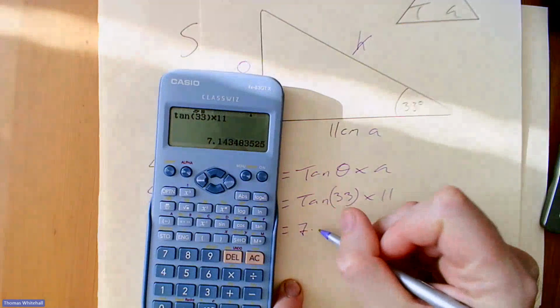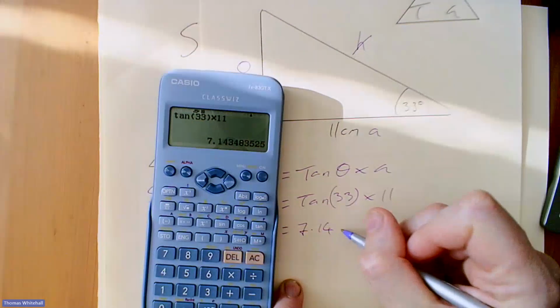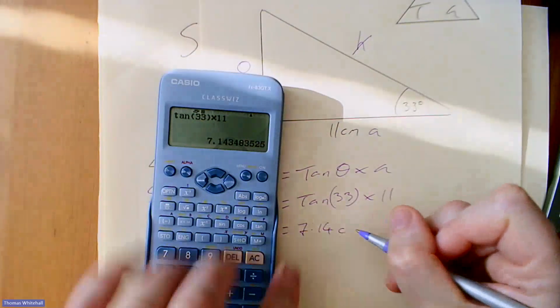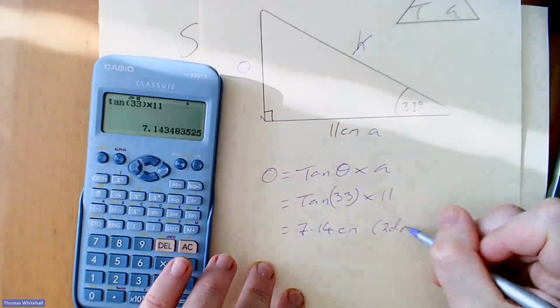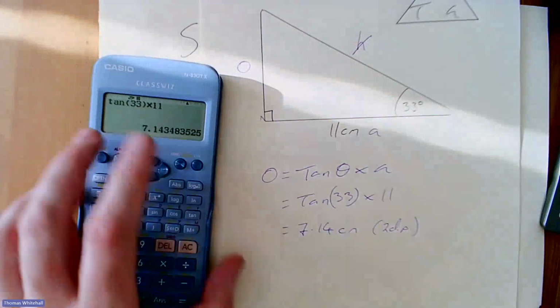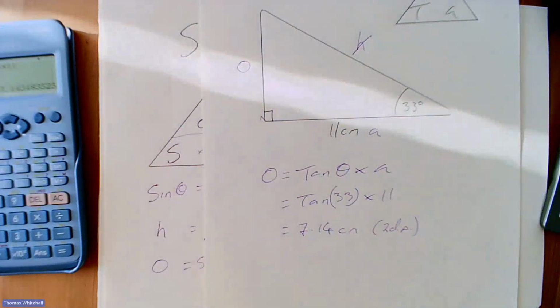So 7.14, and it was centimeters, wasn't it? Yes, centimeters, and again 2 dp. Now, they're just examples for what we're doing. We're going to start getting on to some of the main questions for now, but that just gives us a basis of what we're doing.